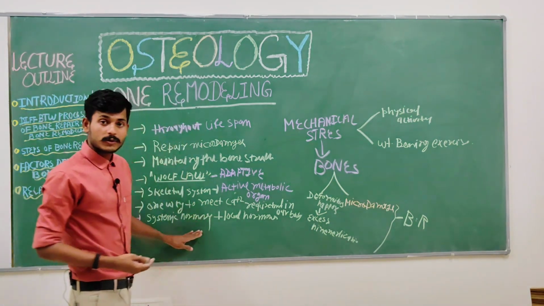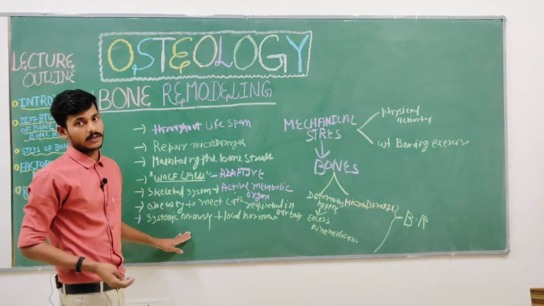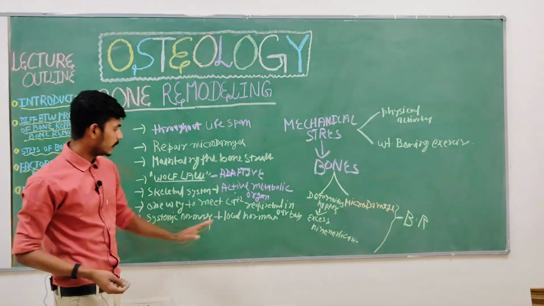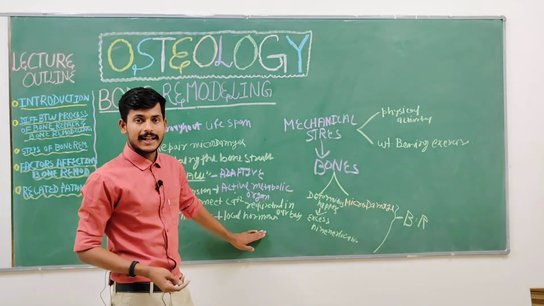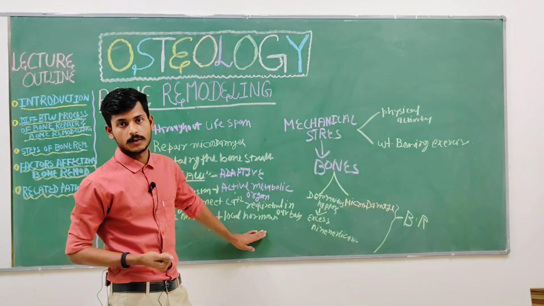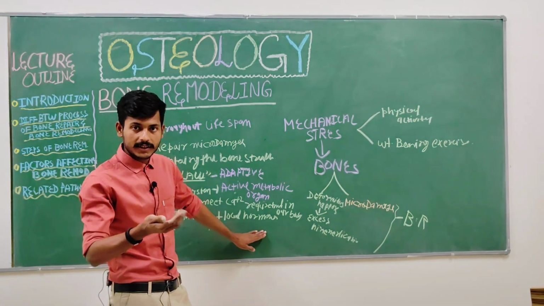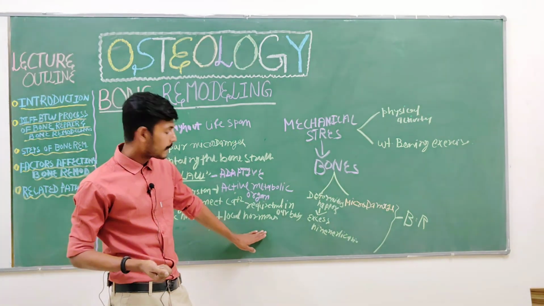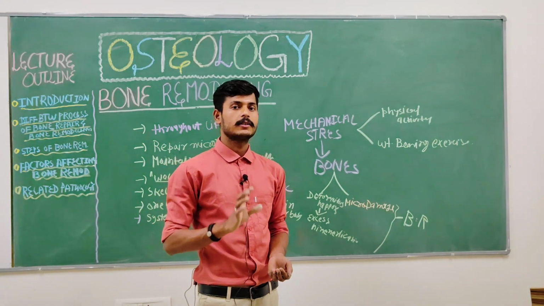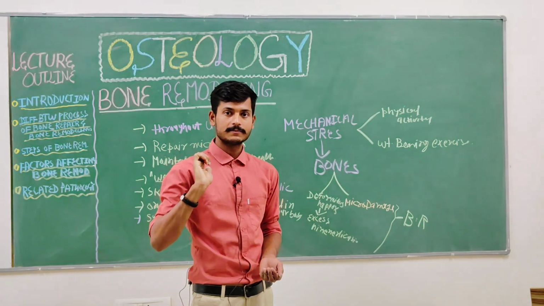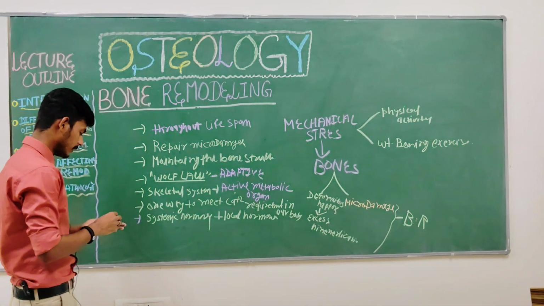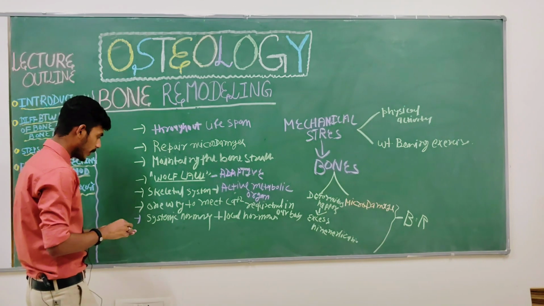And there are other hormones as well, like vitamin D and parathyroid hormones, which can also affect bone remodeling. Then you have local hormones like some of the cytokines, insulin-like growth factor, and interleukins. These are all considered local hormones, and they can also affect bone remodeling. Understanding? It's a lifelong process. Remember, it's a lifelong process.